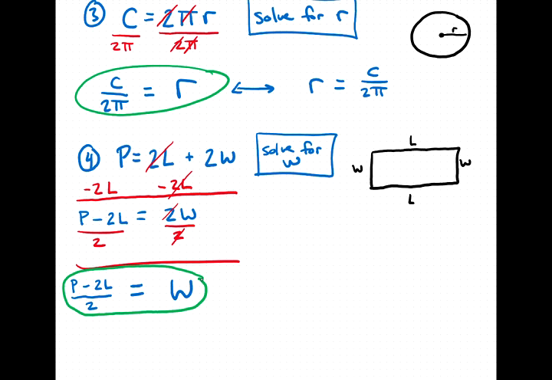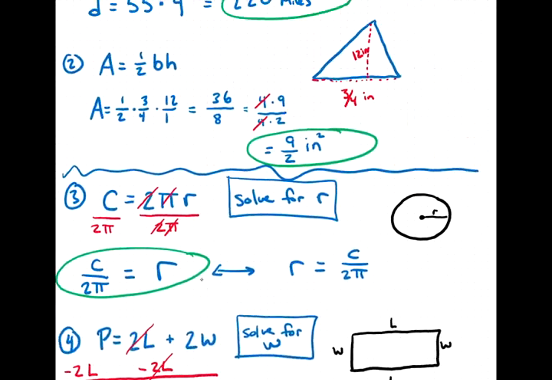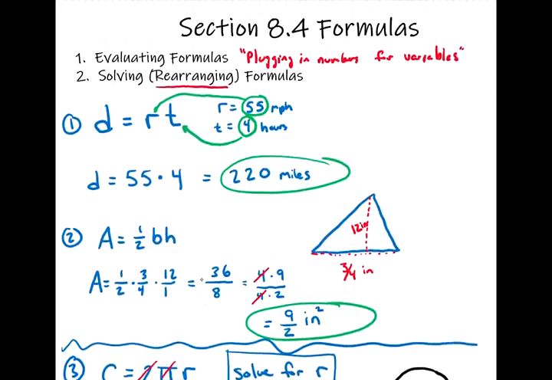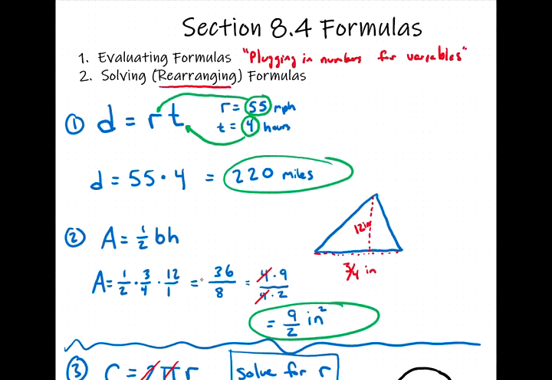All right, in my next video, I'll go through a worksheet with 6 or so problems, so there are more examples of what I did in this video. But in general, in this section on formulas, there are 2 types of problems. Evaluating, and this is important because you need to understand the question being asked and exactly what you have to do.